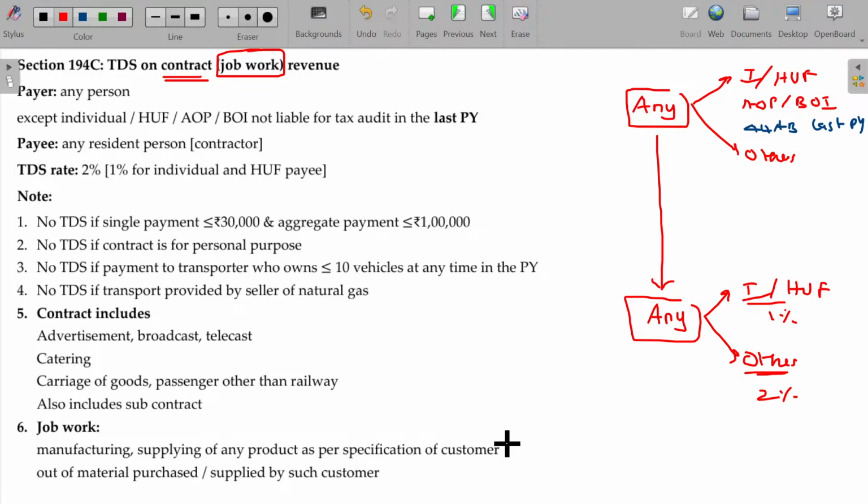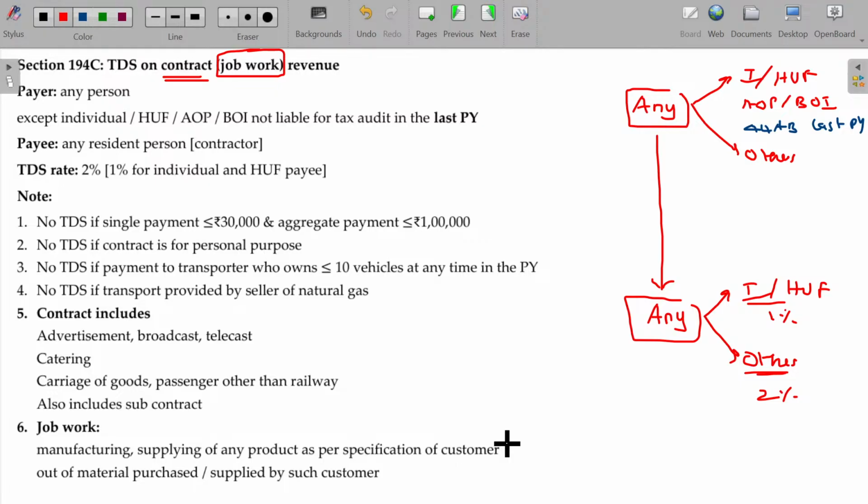Clear? So two conditions to be noted. Payer should fall under tax audit under section 44AB in case he is an individual, HUF, AOP or BOI. Other than that, they will definitely fall under the TDS deduction category. For the recipient, if he is an individual or HUF, rate of TDS is only 1%, otherwise 2%.